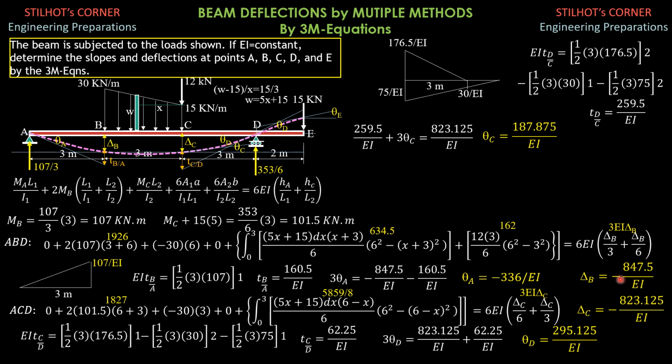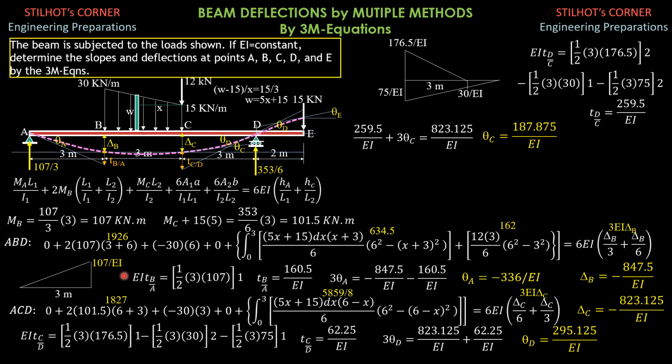That's why the result here is positive, and the meaning of positive is A is above the horizontal line through B. But B is below the x-axis. So that's why it is negative.